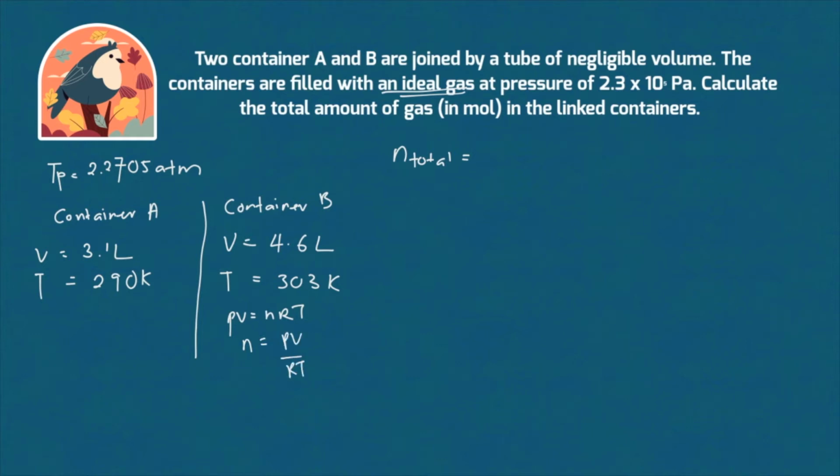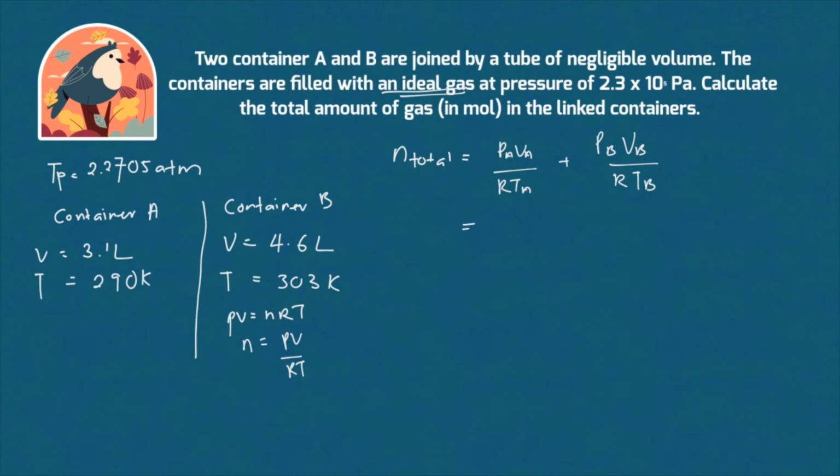Since we are going to find the N total, we are going to do PA VA over R TA plus PB VB over R TB. So now what we are going to do is just plug in all the values that we have.